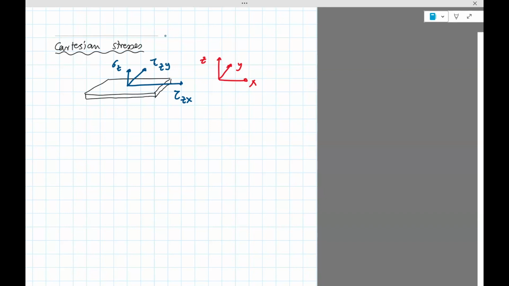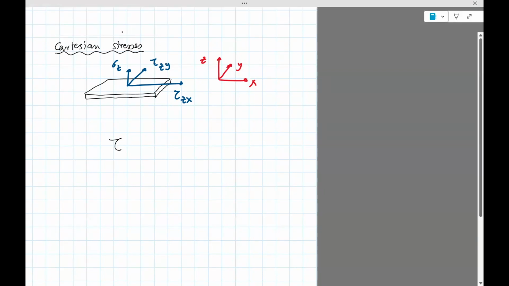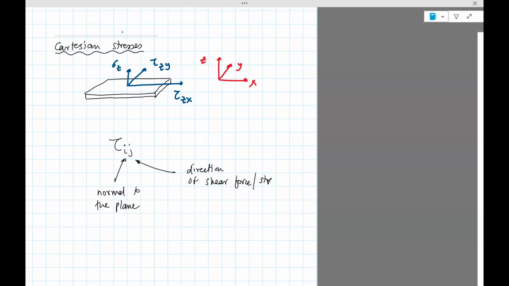Okay, so why did I write zy and zx? What's the notation about? Here is how you can interpret tau ij. i gives you the normal to the plane, and j gives you the direction of the shear force or stress.